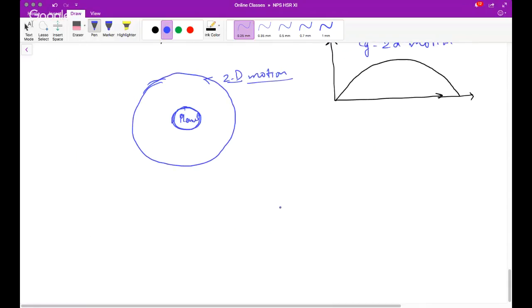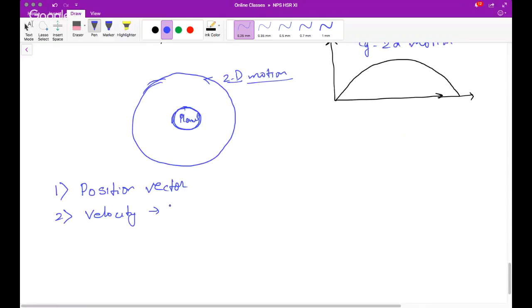Okay, now let us understand how things will, or let's say what are the kinematics parameters which we studied for 1D motion. Let's say things like position vector. So what did we learn in kinematics? First is position vector. Then there will be something called velocity vector, right?